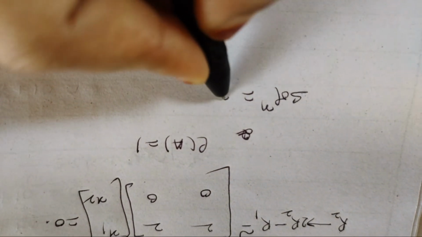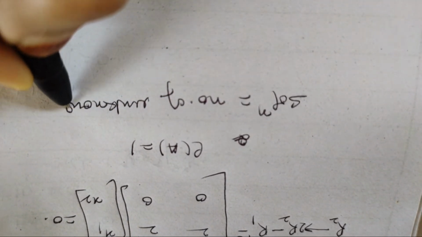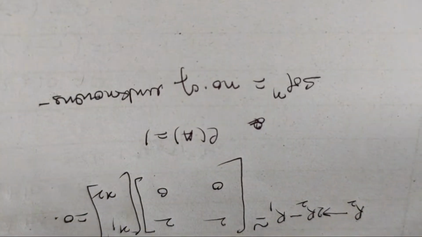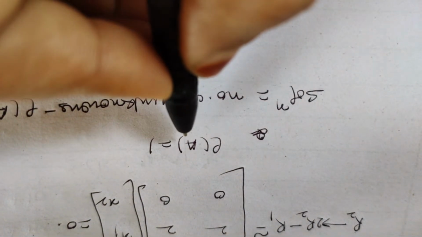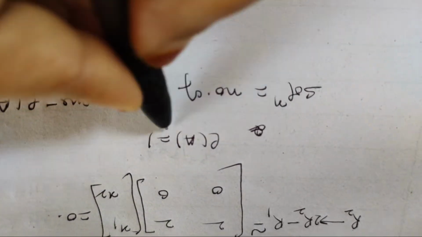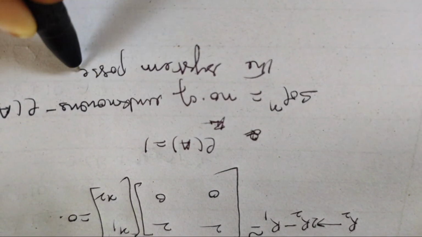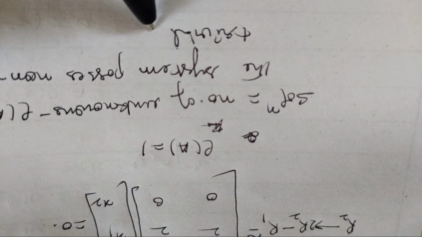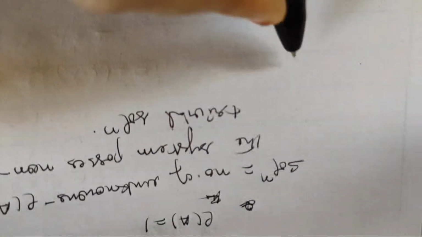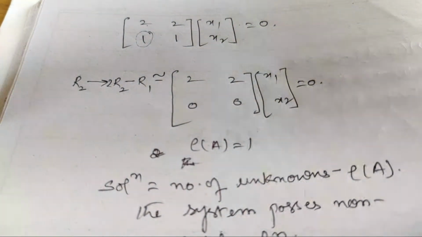That is equal to the number of unknowns minus rank of A, and the system possesses a non-trivial solution. Now write your matrix into the equation form.